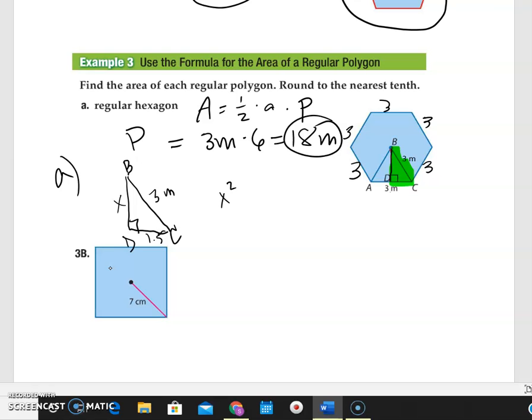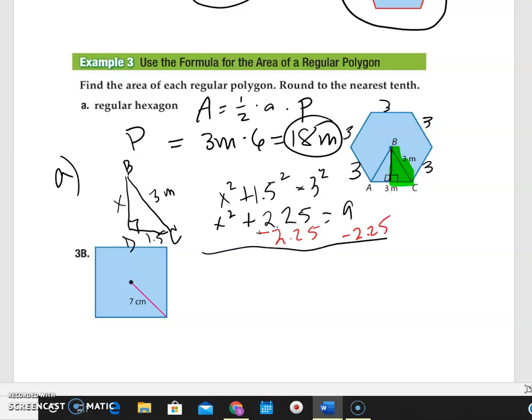So x squared plus 1.5 squared equals 3 squared. 1.5 squared is 2.25. And then I'm going to subtract 2.25. And that gives me x squared is equal to 6.75.